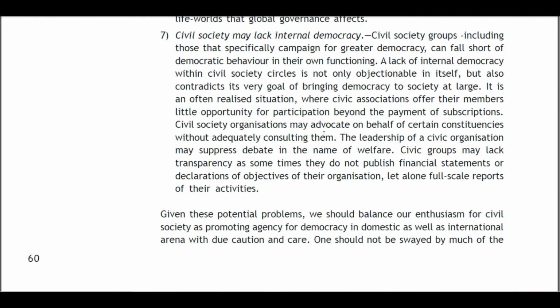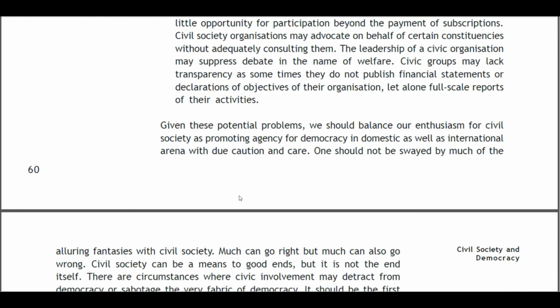Civil society organizations may advocate on behalf of certain constituencies without adequately consulting them. The leadership of a civic association may suppress debate in the name of welfare. Civic groups may lack transparency, as sometimes they do not publish financial statements or declarations of objectives of their organization, let alone full-scale reports of their activities.